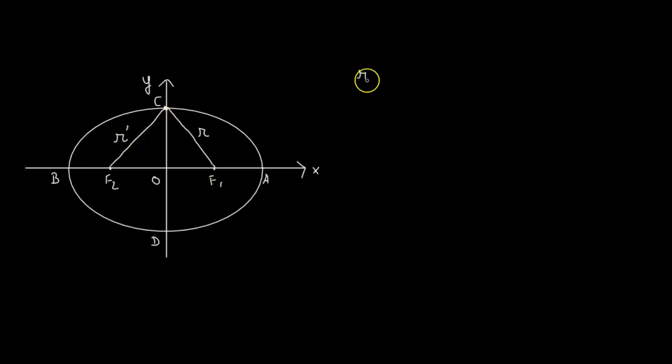Now here R will be equal to R prime. That's because of the symmetry of the diagram, which we have chosen in such a way that these two triangles are congruent to each other, which means that f1c will be equal to R and f2c will be equal to R prime.